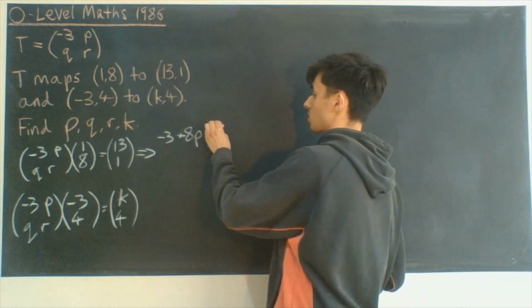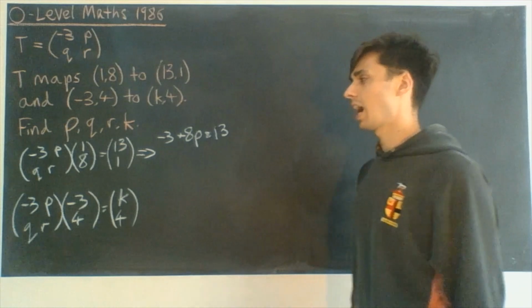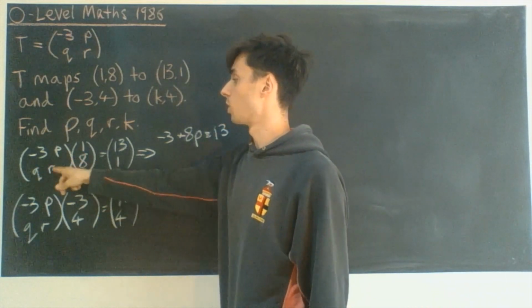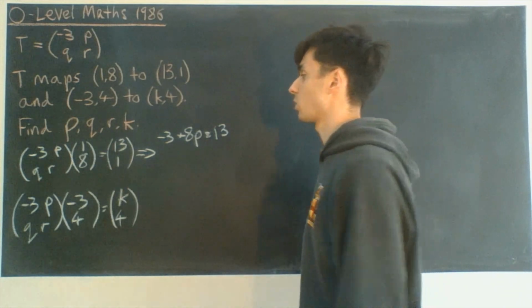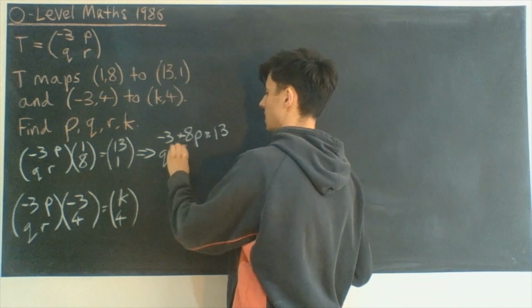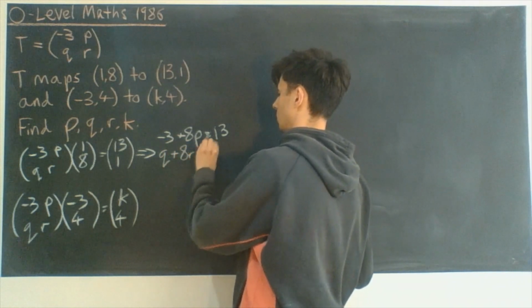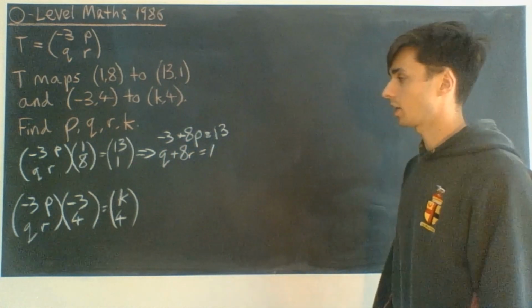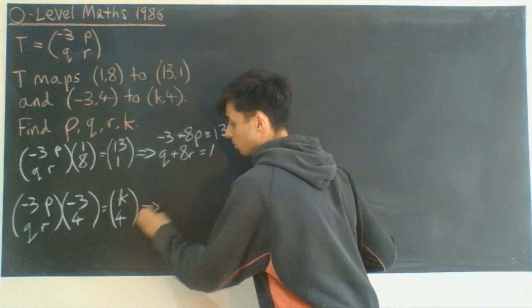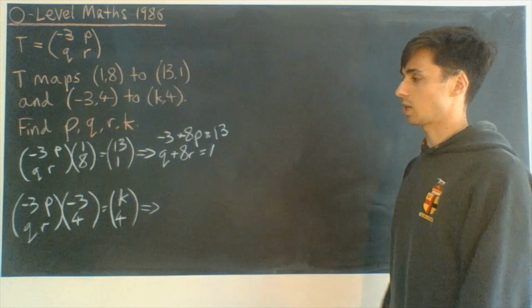And on the bottom row here, we've got 1 times Q plus 8 times R, and that equals 1. So we've got Q plus 8R equals 1. Okay, great, we've got two equations.